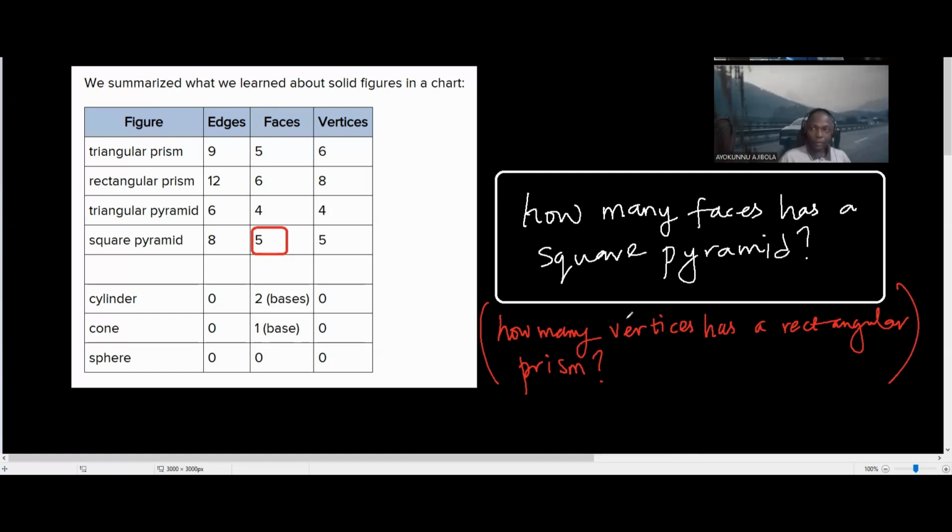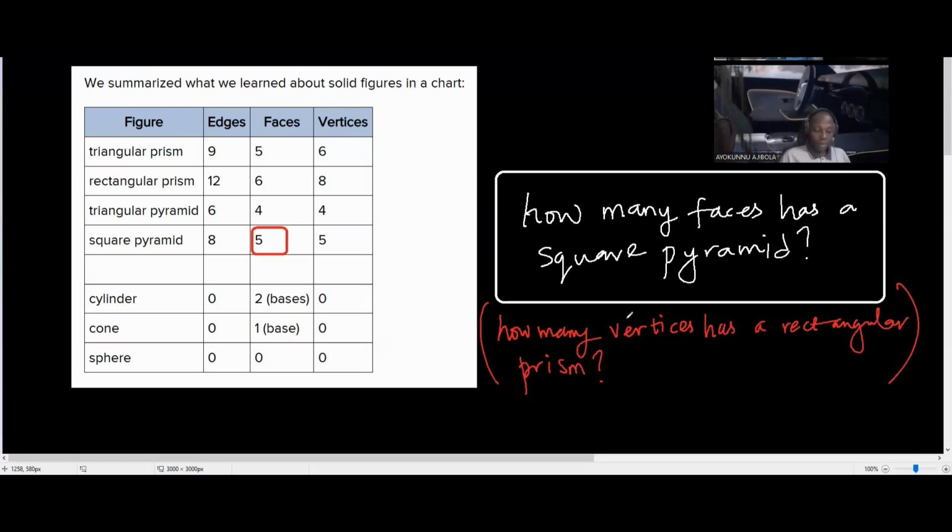Check the table and provide the answer. How many vertices has a rectangular prism? Check the table and provide the answer.